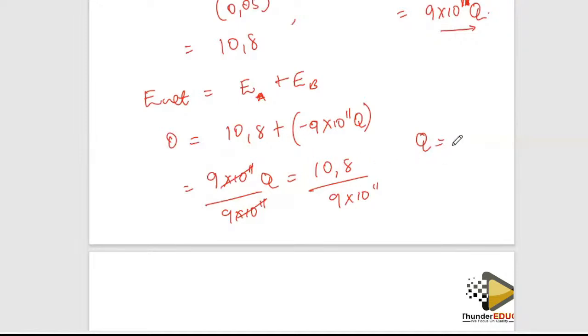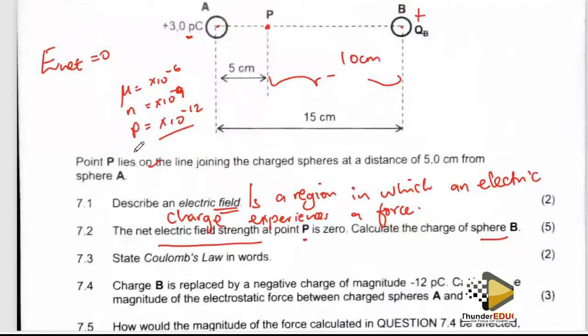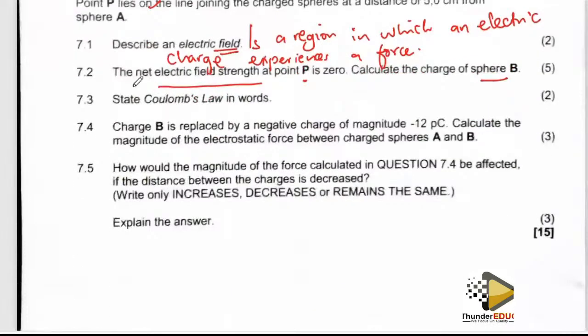Getting 12 times 10 to the negative 12, which is 1.2 times 10 to the negative 11. Someone can state it as 12 pC. Remember, it is a positive. All right, then now we have the charge.